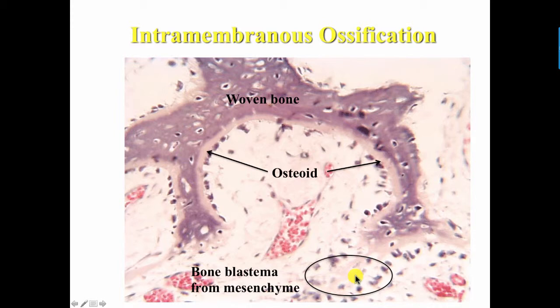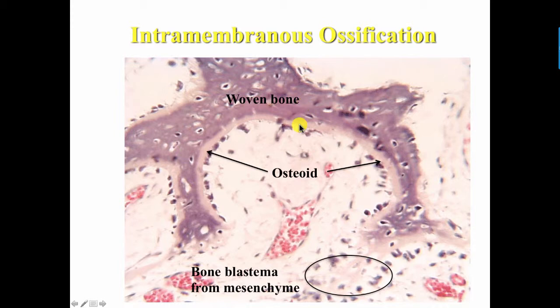As the spicules of osteoid thicken, as shown here, the osteoblasts become trapped, become osteocytes as they are trapped in the matrix, and then the matrix becomes mineralized, as we've talked about previously.